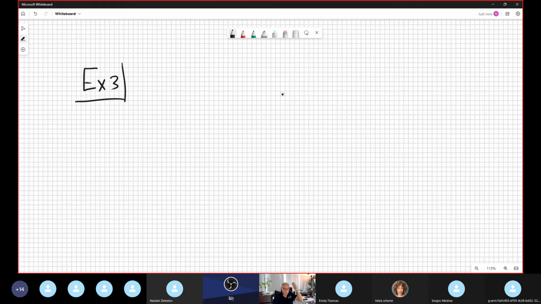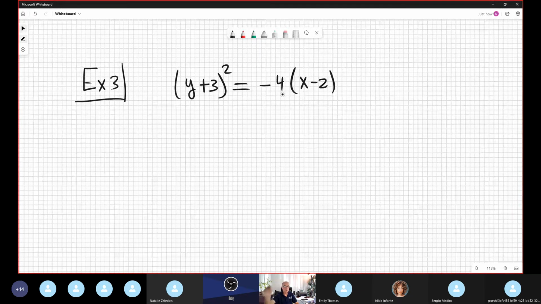Okay, example 3: we have (y plus 3) squared is equal to minus 4 times (x minus 2). In that case we have a translation, a horizontal shift and a vertical shift. Okay, no problem, I understand.